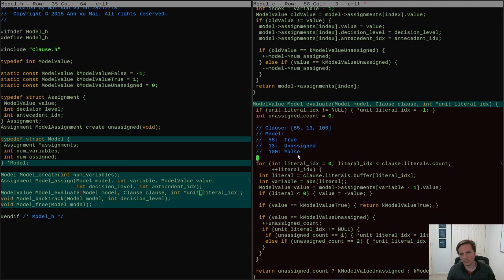Then what this will do is say, hey, if one of these is unassigned, then I want to know which one, and I don't want to know the number 13. I want to know the number of the index. So it's 0, 1, and 2. So it's indexed into the clause where the lone unassigned variable exists. If there are more than one, then we get back -1 to indicate, hey, there's not just one of these.